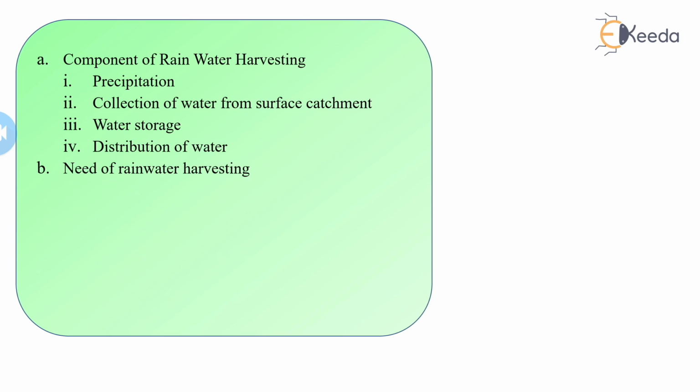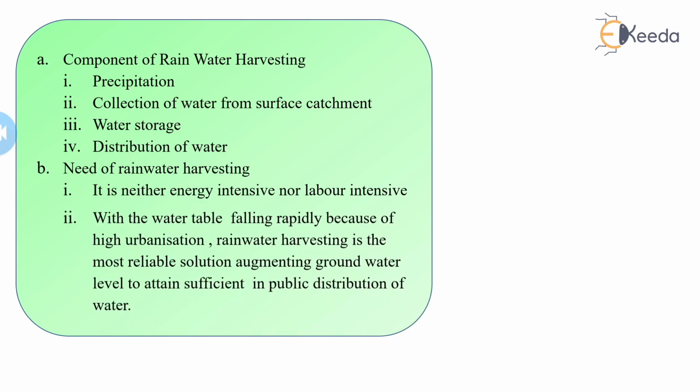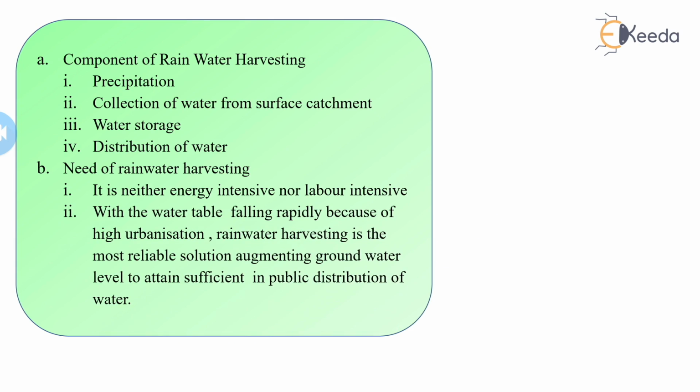Then, why is this rainwater harvesting needed? See, it is neither an energy intensive nor a labor intensive process. It requires less cost. Hence, when the groundwater table reduces because of high urbanization, rainwater harvesting is the most reliable solution to improve the groundwater level to attain sufficient public distribution of water.